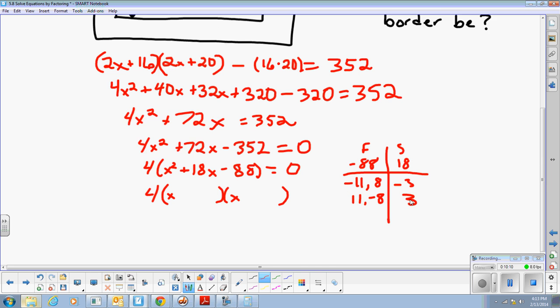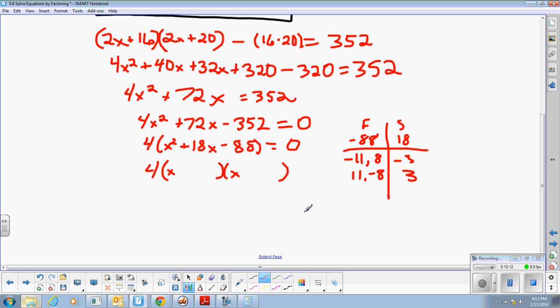So we're going to have to find something a little bigger. My mind next goes to 22 and 4, because I think of 11. So I could use positive 22 and negative 4, and that gives me my sum of positive 18. So in here I'm going to write plus 22, and minus 4, and that all equals 0.